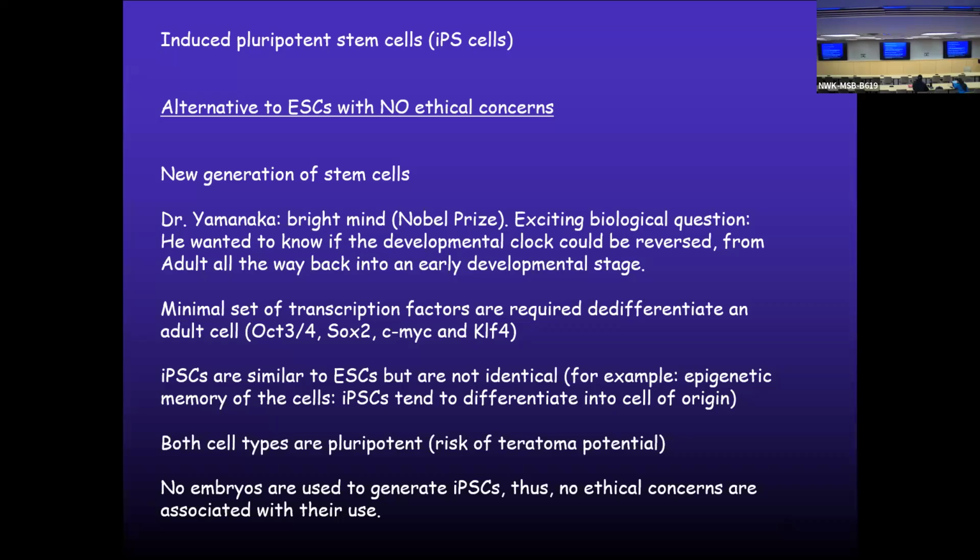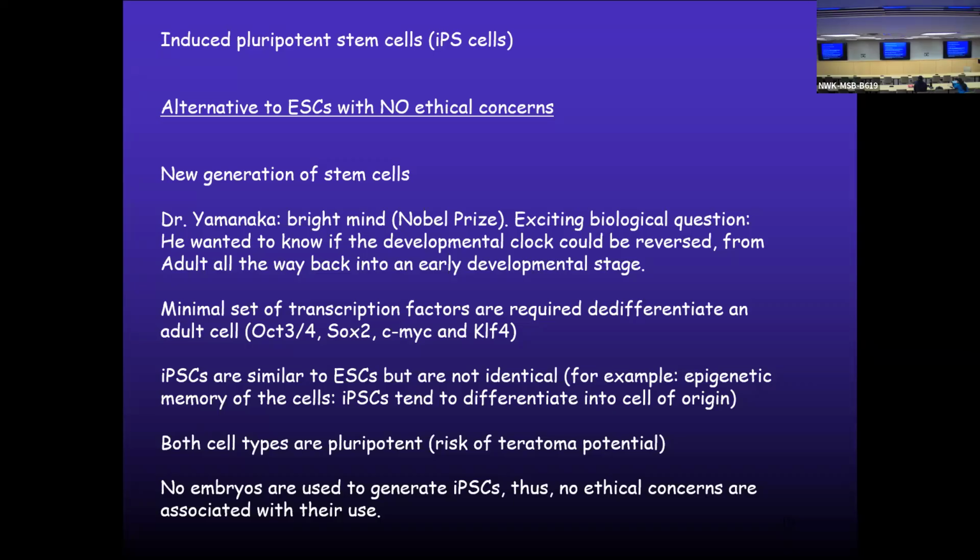One can think of any experiment going from egg to birth, but not the opposite, right? He thought that it would be possible to force an adult cell to become a developmental cell. And he succeeded, right? What did he do?